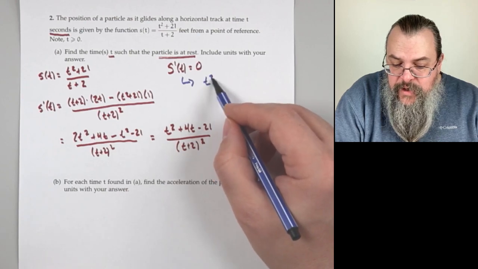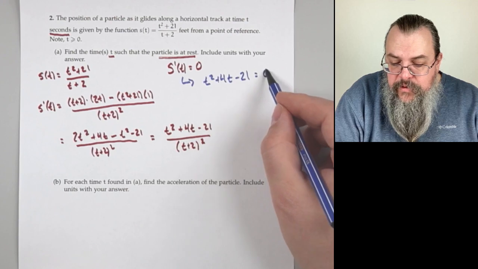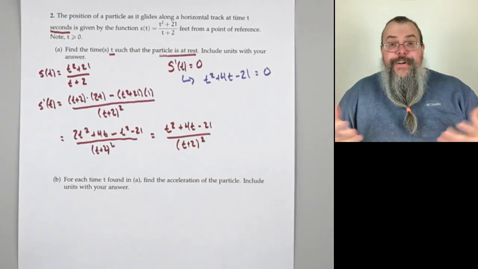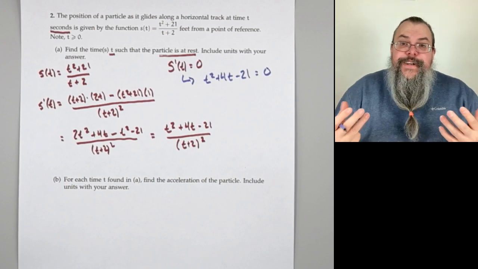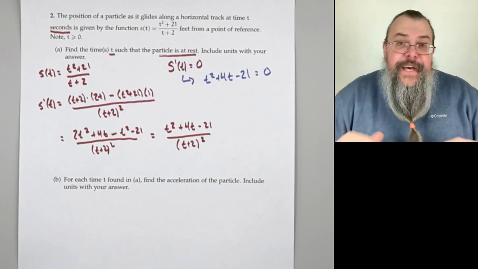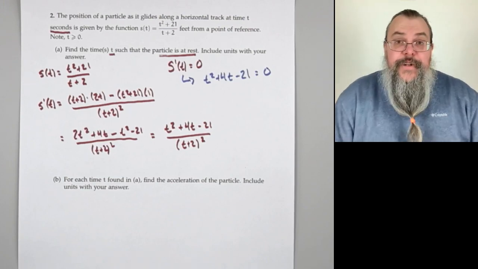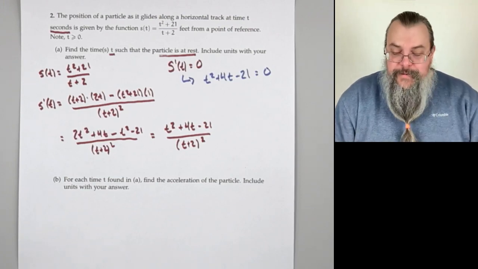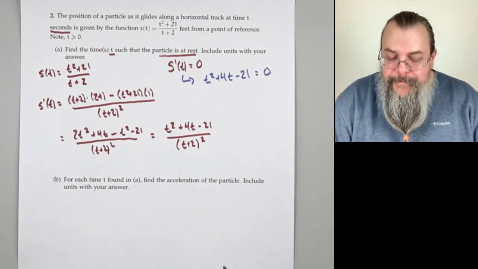That says t squared plus 4t minus 21 has to equal 0. And another quadratic. Will this one factor? I hope. Well, we should expect. Again, if it didn't, we've always got the quadratic formula. So even if it didn't, that's okay. Nothing to worry about. No stress. It's just calculus.